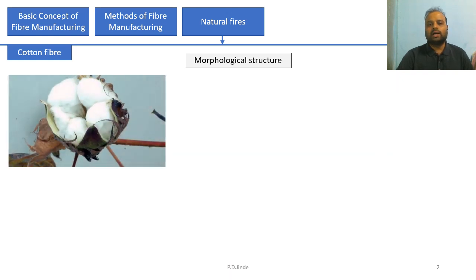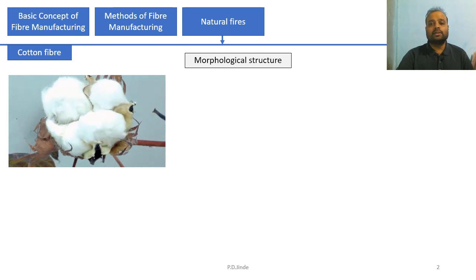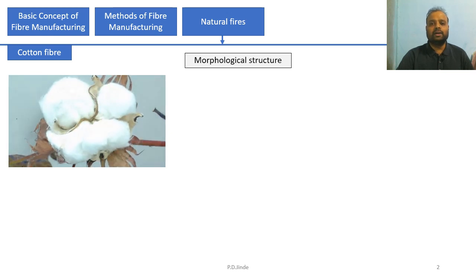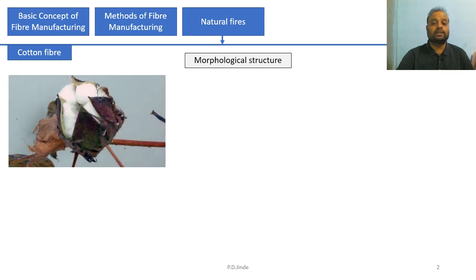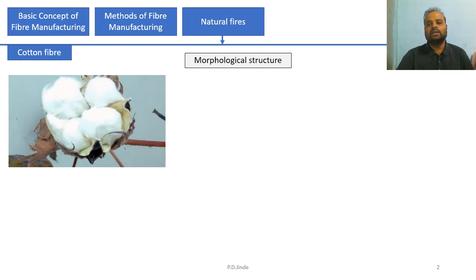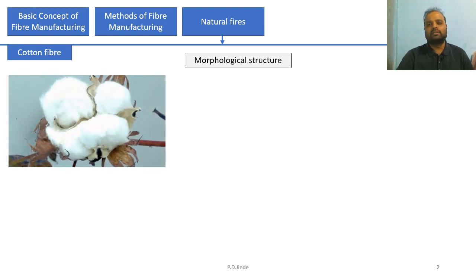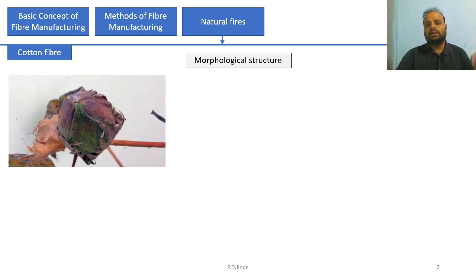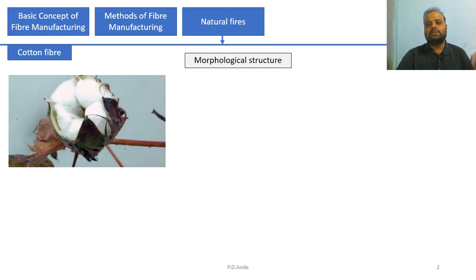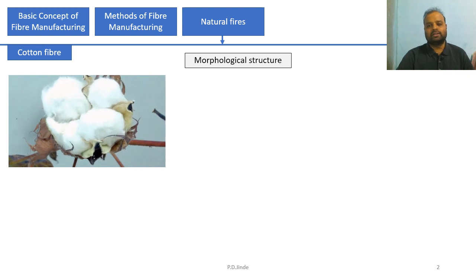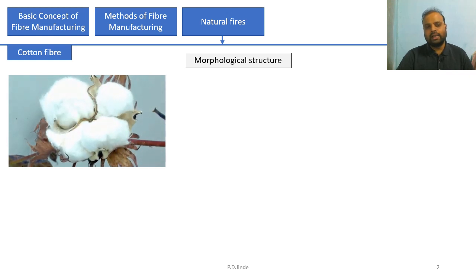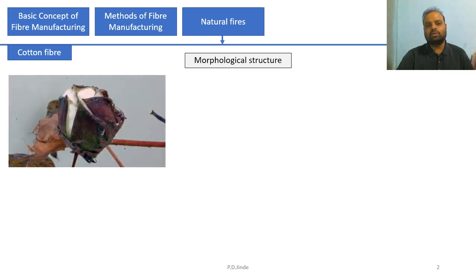As you can see in this figure, the cotton ball is opened up and the fibers get exposed to the atmosphere. This happens in nature, but let's understand how this fiber is created inside the ball itself. This is called a ball, and inside the ball the fibers are already created.